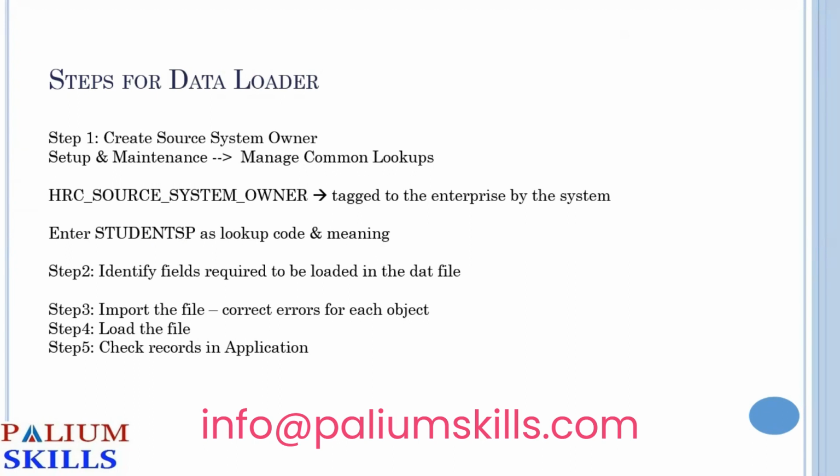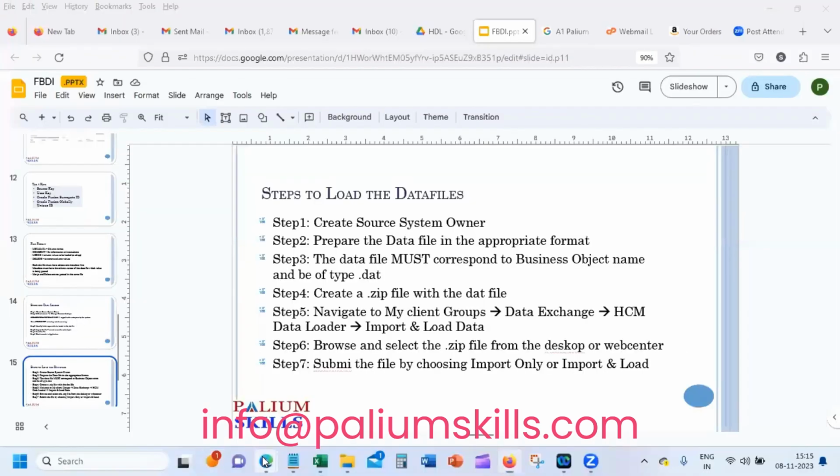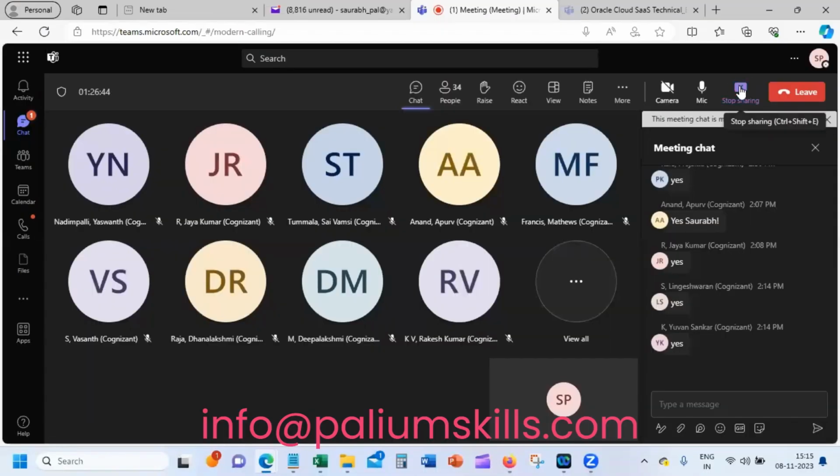Clear? I will send you the workflow structure file, which is the sample file. There you need to make the necessary corrections and load your data. Anybody got any doubt? No, sir.